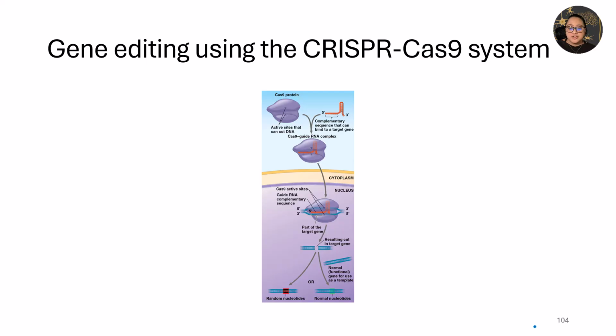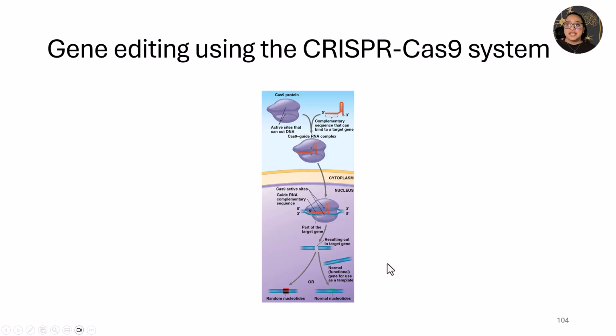So this is a figure showing basically what I drew. So here is the blob that is representing Cas9. And so here is the guide RNA that guides Cas9. It'll look throughout the DNA for the complementary sequence, and then when it finds it, Cas9 is going to cut. And when it's cut, the cell will try to fix it. So either it will fix it with random nucleotides, or if you give it something like the normal functional copy of a gene, then it'll replace it and fix that.